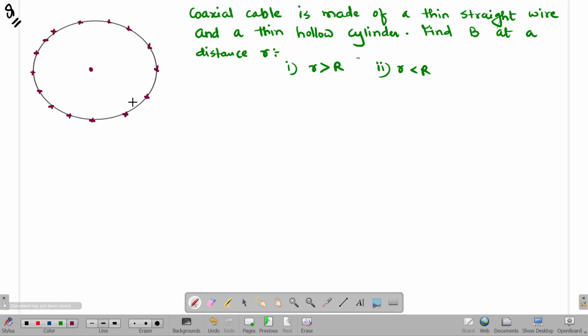And some current I is flowing through that, and this is radius R. And in this hollow cylinder also, there is a current I going. Then find the magnetic field.